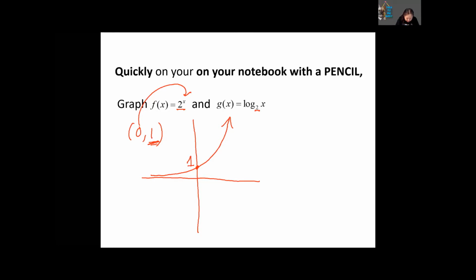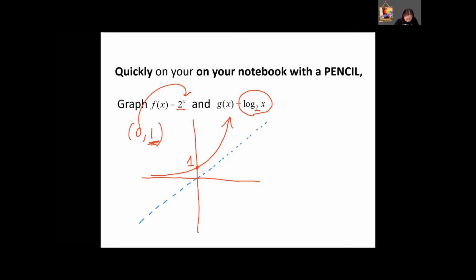Okay, then now the graph of the inverse of this. I don't know if you guys remember this. The graph of an inverse function is the reflection over this diagonal line. So now I will graph it.